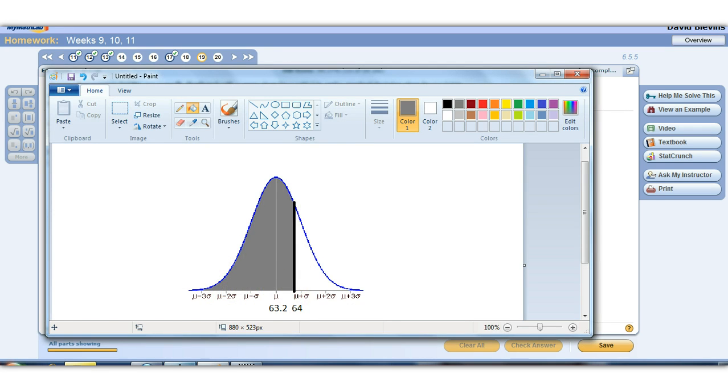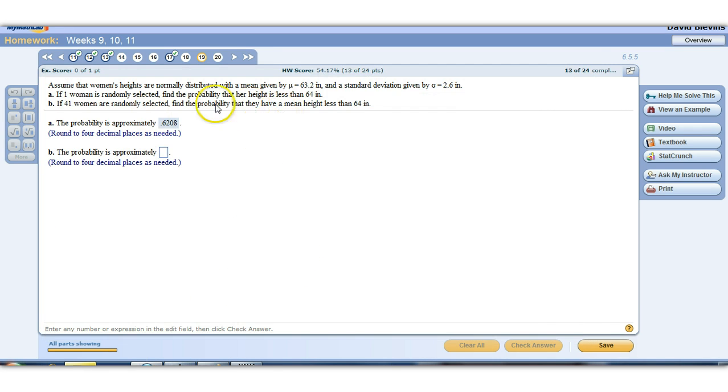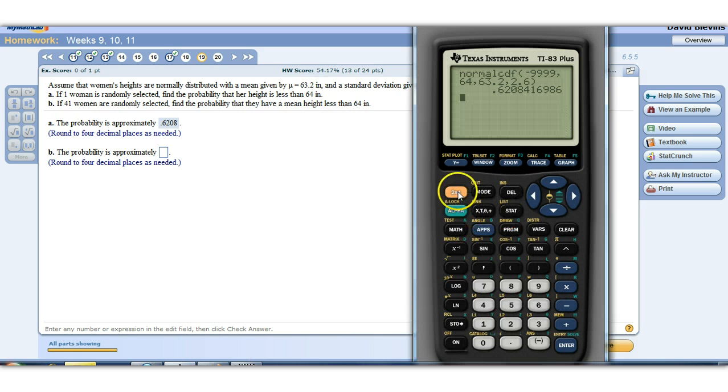Alright, now, completely different wording here in the second one. 41 women are randomly selected. Find the probability that they have a mean height less than 64 inches. Find the probability that the average of these 41 women's heights is less than 64 inches. Now, it starts off almost identical.